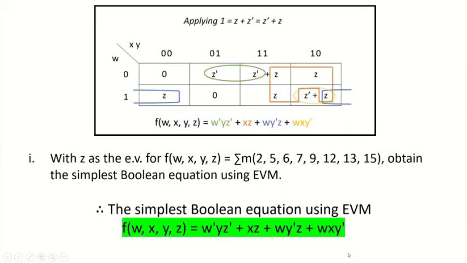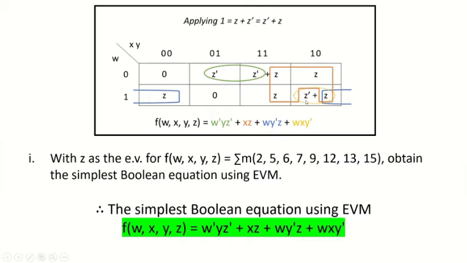It is worth mentioning from the 3-variable K-map that this Z actually has 3 functions. The first one is that it can work with these 3 Z to form the orange data. Then this Z can also work with the far distance Z to form the blue data. And lastly, this Z can work with the Z prime.